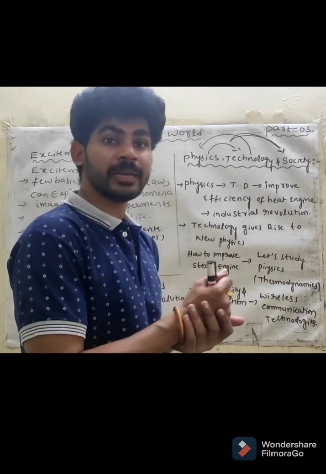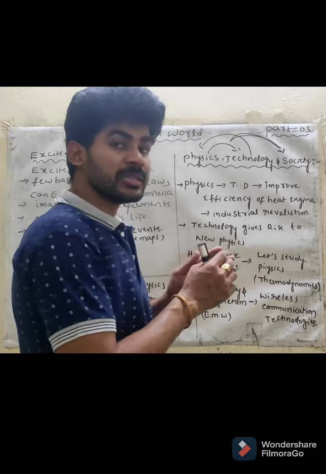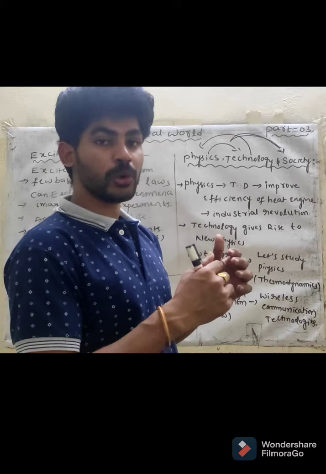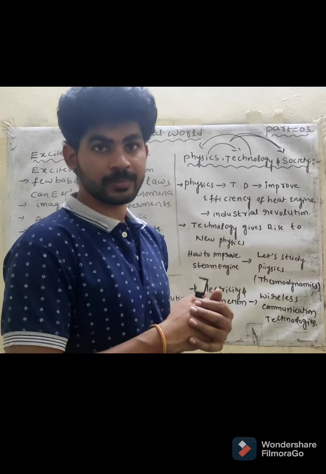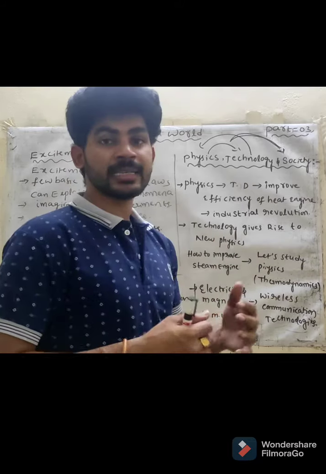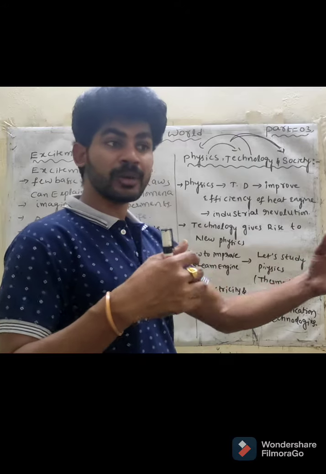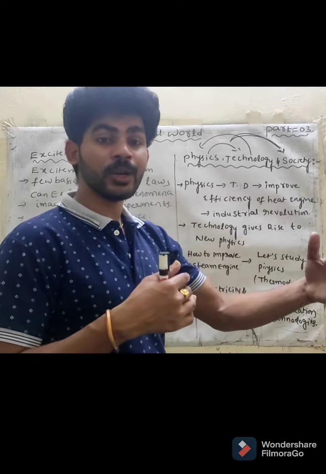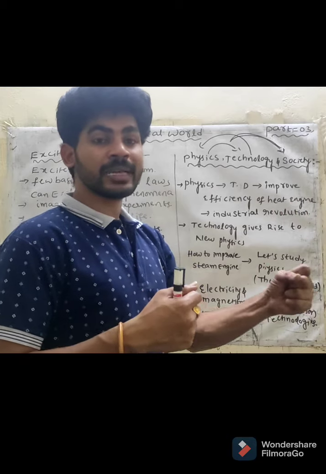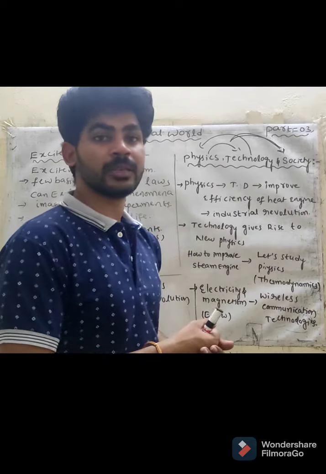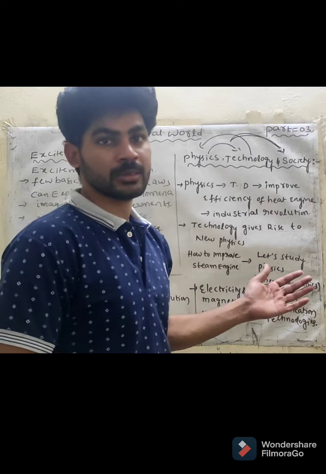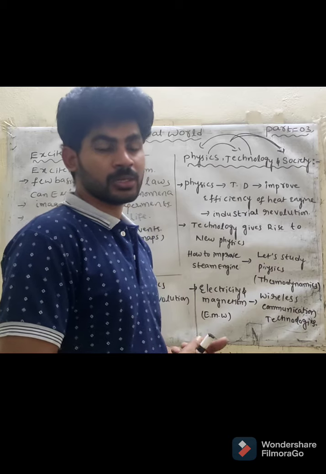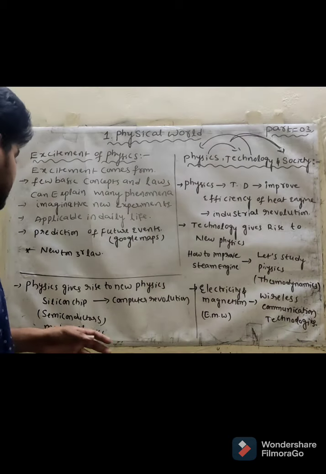Compared to the steam engine, the electrical engine's efficiency is very high, and it goes at very high velocity. With a steam engine, we reached a distance of 100 kilometers in 4 to 5 hours. Nowadays we reach that 100 kilometers within 1 hour with the help of the new physics, that is, electric engines.